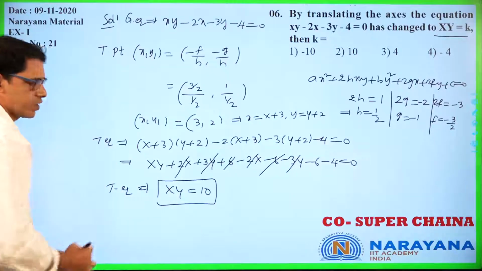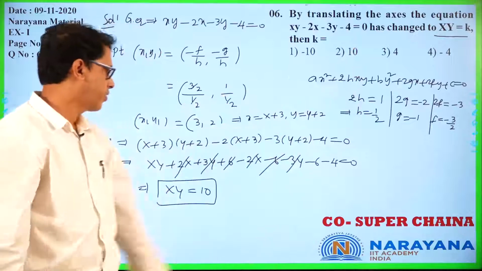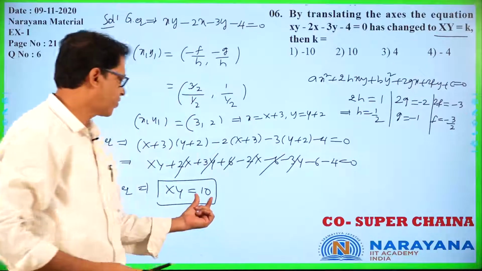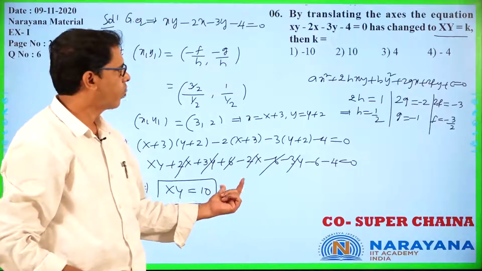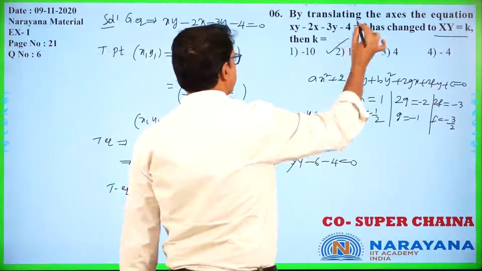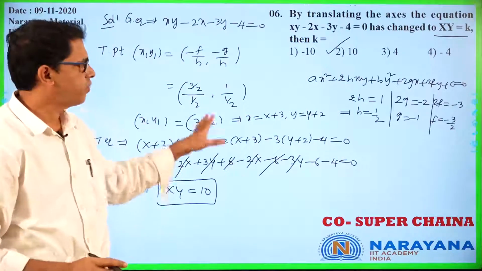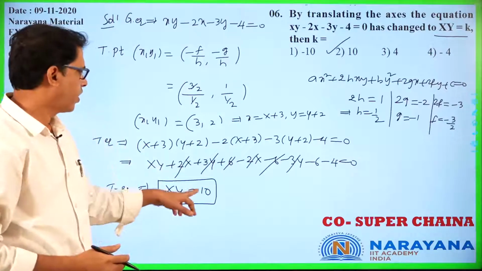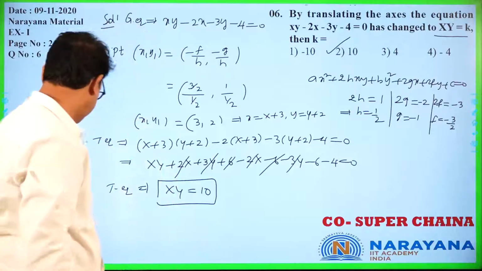From the hypothesis, XY equals k, so the k value equals 10. Option 2 is the right option. Then next one.